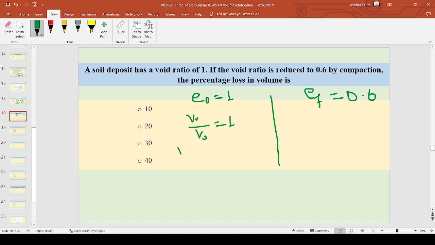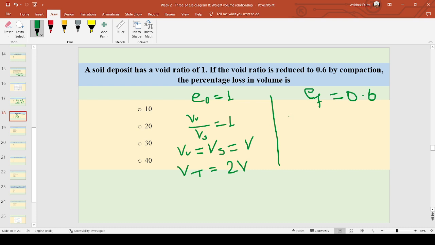Let volume of void equal volume of soil solids equal V. Then total volume Vt will be how much? 2V, right? Isn't it? Yes, sir. 2V.